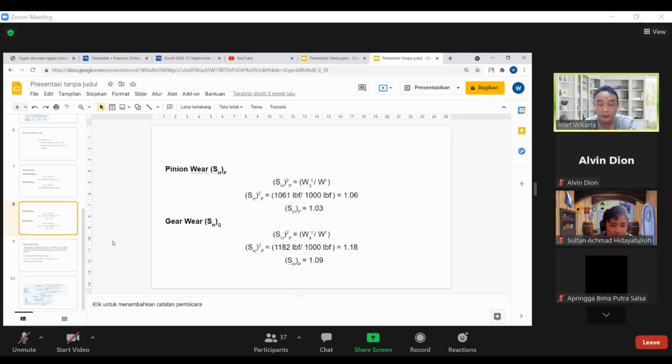So in my opinion, the critical wear does not always happen in the pinion. Sometimes it can happen to the gear.